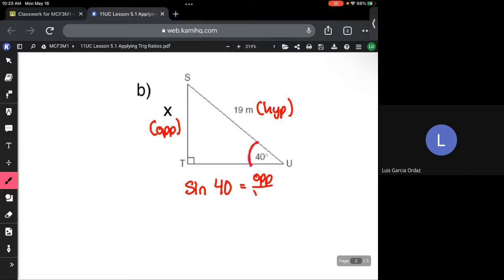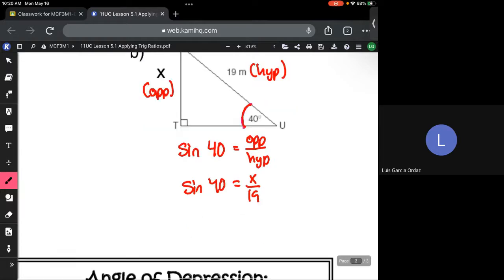Perfect. You get 12.2, right? All right, so that's that. Everyone got 12.2? We're all good? Perfect.